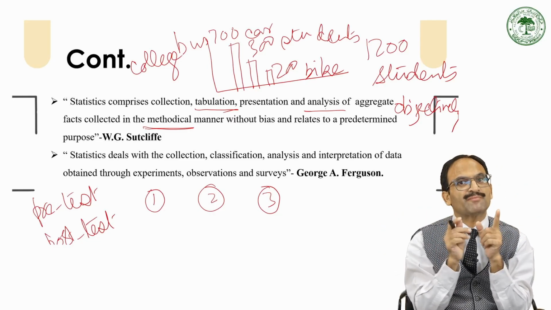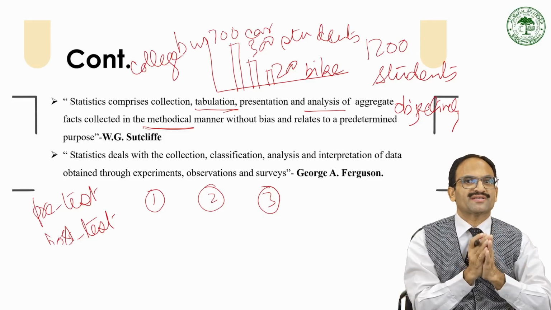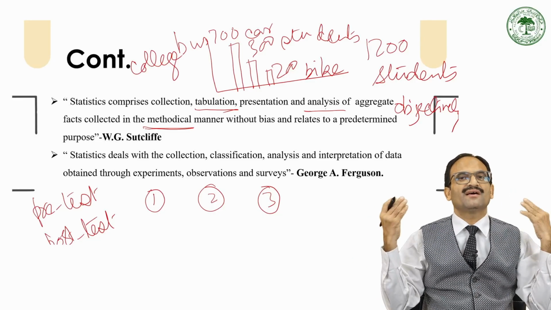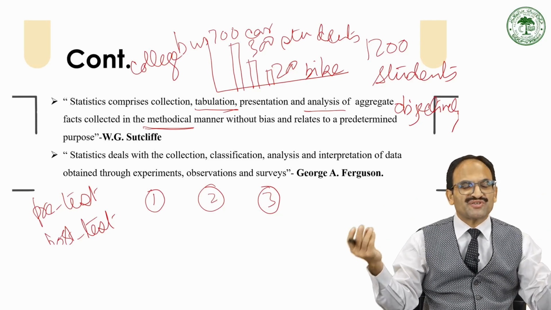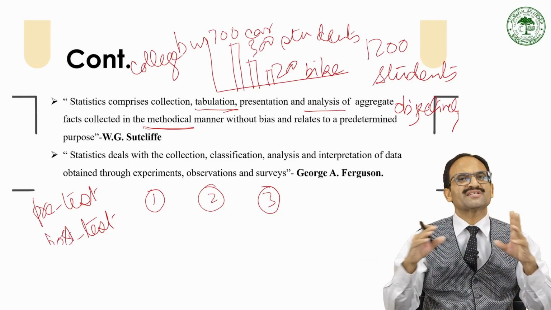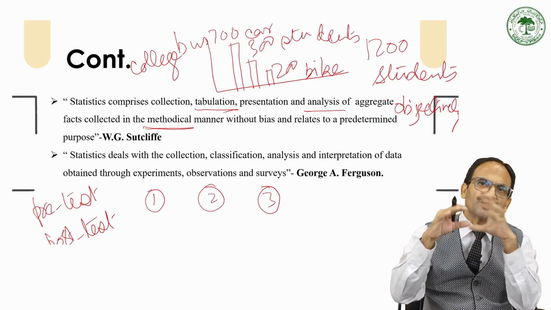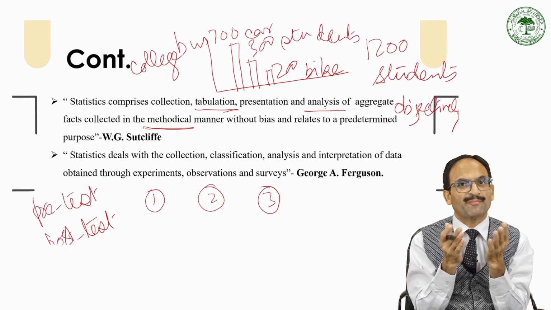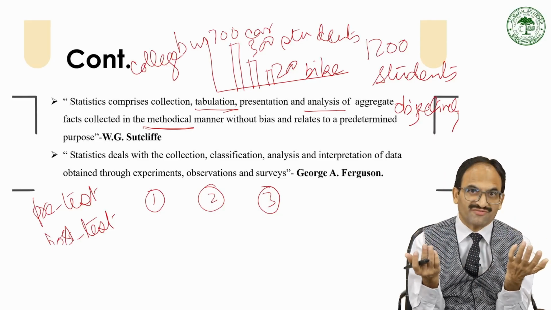Sometimes we get some data through experiments, and particularly in the field of science, physics or chemistry or zoology or botany, a lot of experiments are conducted, and those results that we get through the experiments are based on the interpretation of the data.